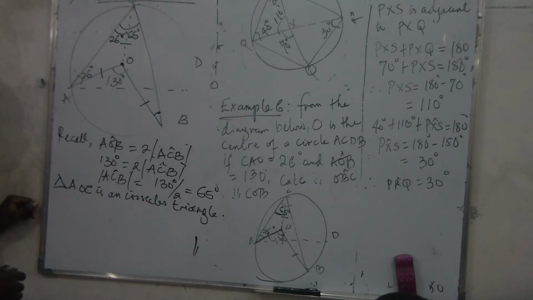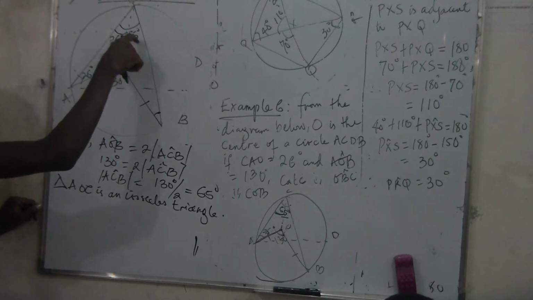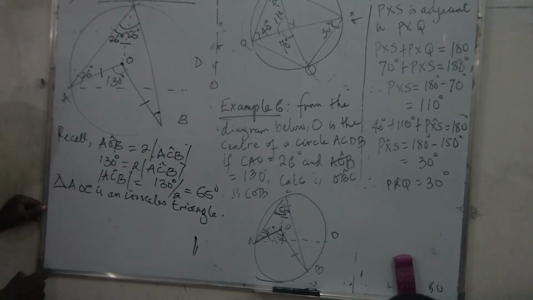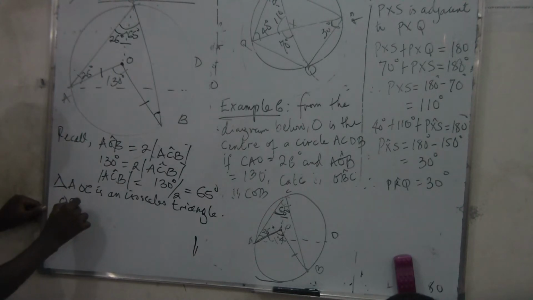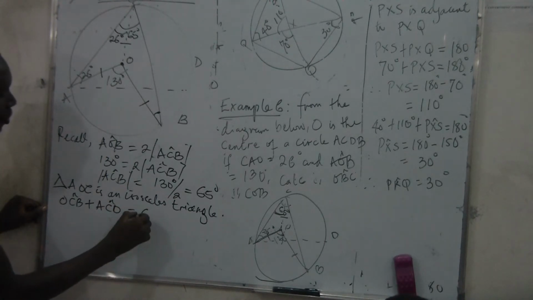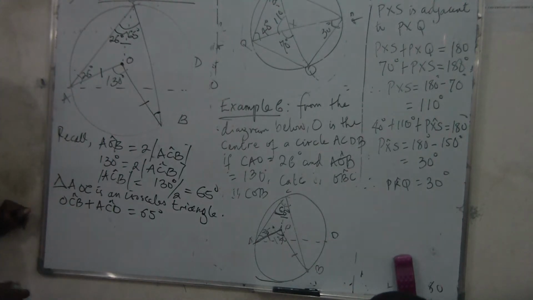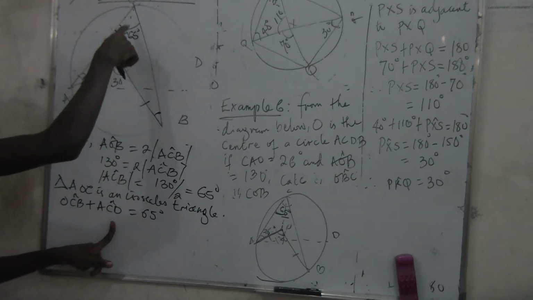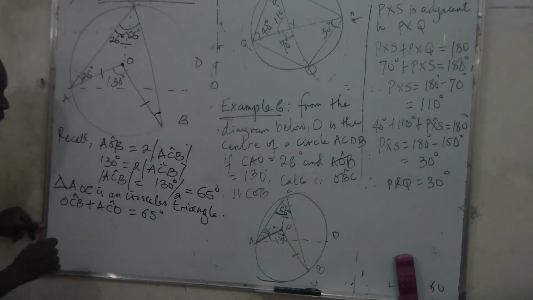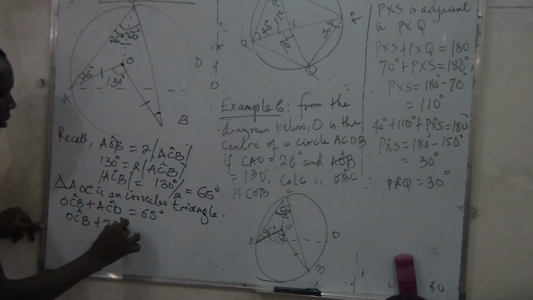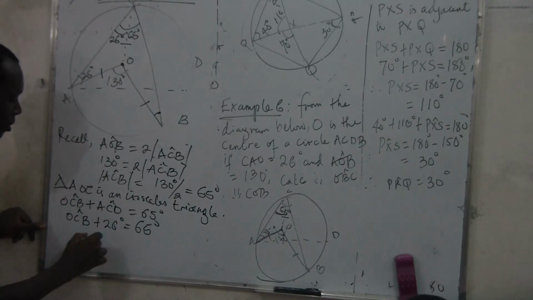Are we following? So the sum of the two angles here is 65. So we can also say that the angle OCB plus ACO is equal to 65 degrees. If these two angles sum up to give us 65 degrees, and we know that ACO is 26 degrees, it therefore means that OCB plus 26 degrees is equal to 65 degrees.